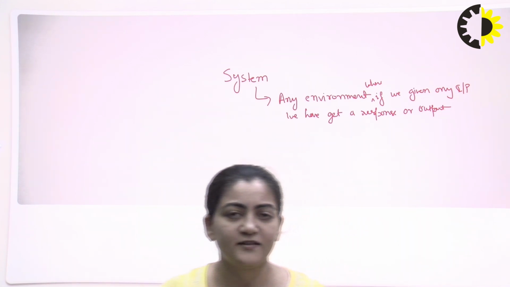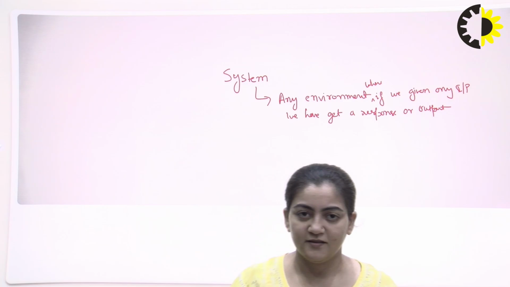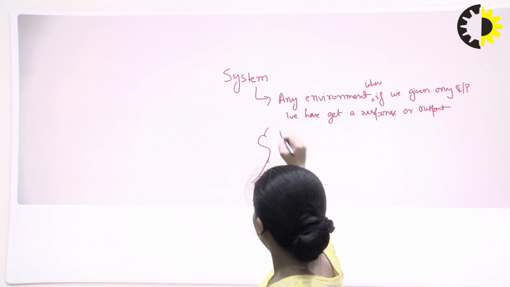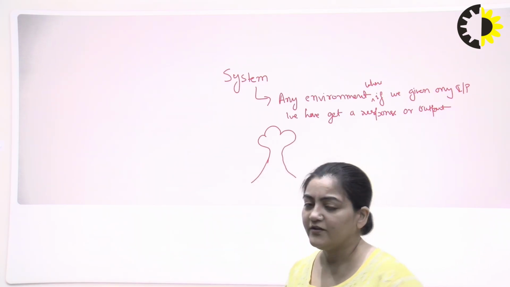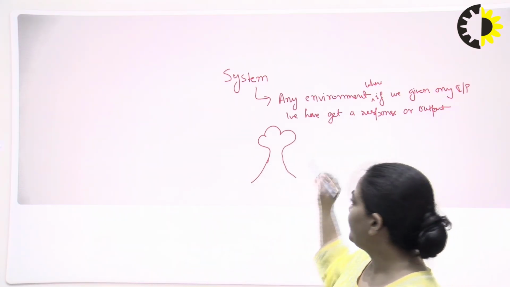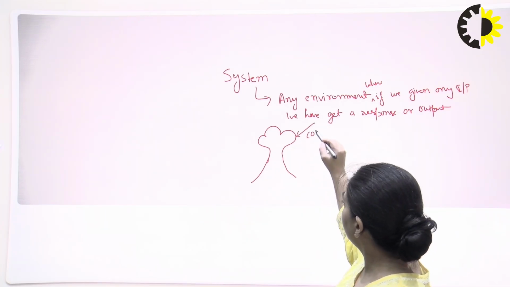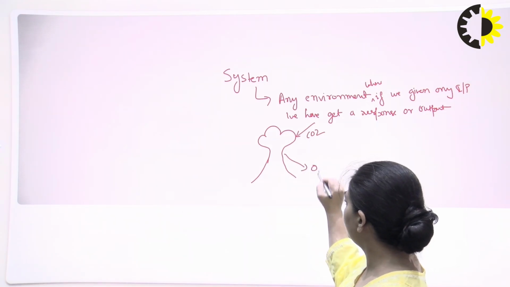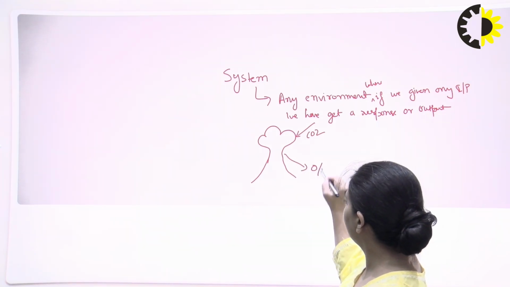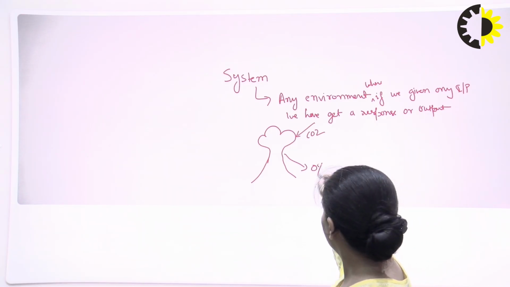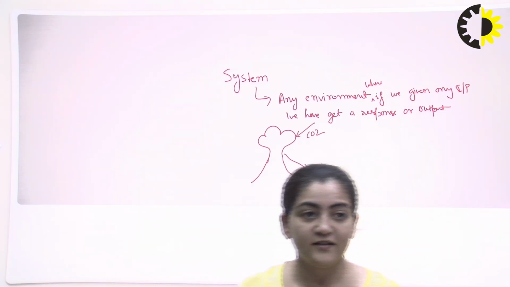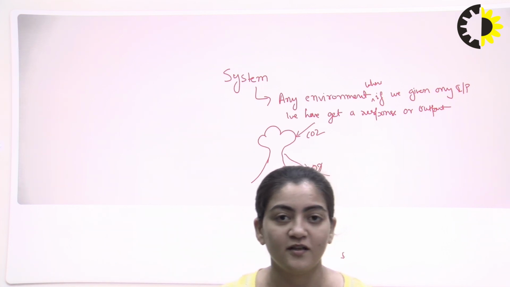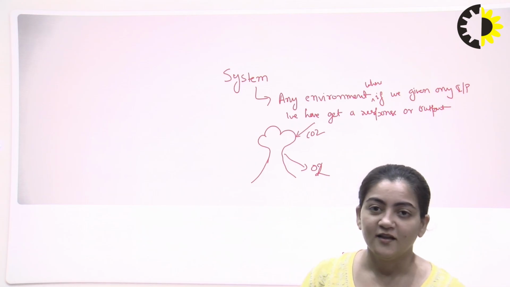For example, let's take a very simple example, a tree. What does a tree do? It takes CO2 from the environment and gives out O2. So a tree is a kind of system where the input is carbon dioxide and the output is oxygen.